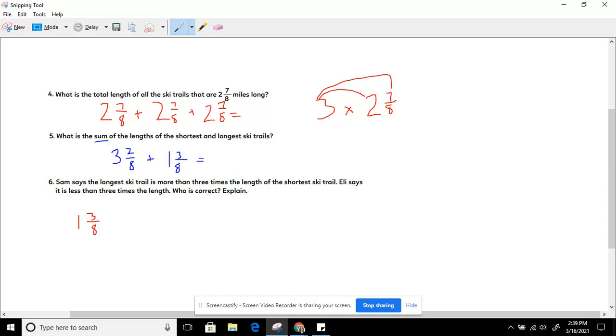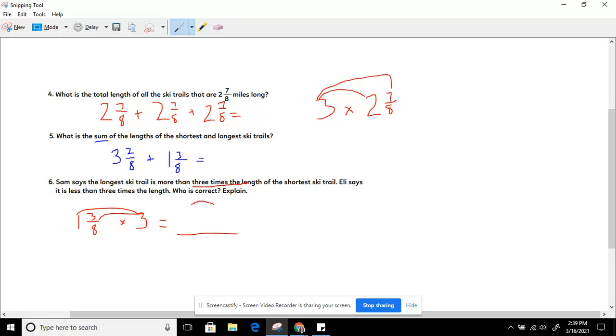Sam says it is 3 times the length. So he's saying the longest ski trail is 3 times the length as the shortest. We know the shortest is 1 3/8, and he's saying it's 3 times as big. So we're going to have to multiply 1 3/8 times 3. You're going to get that answer. When you multiply, you're going to do 3 times 1 and then 3 times 3/8 and then add that together.